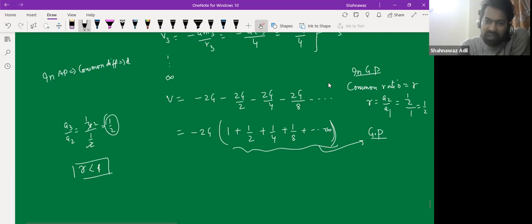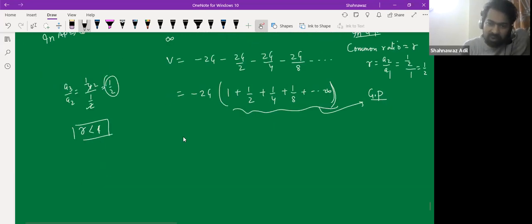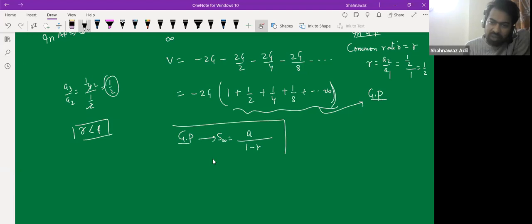So in that case, the sum of the GP is given by A divided by 1 minus R. This is your sum to infinity terms. This is how you calculate the GP: with A1, A2, A3, A4, you are calculating the sum of all those values.